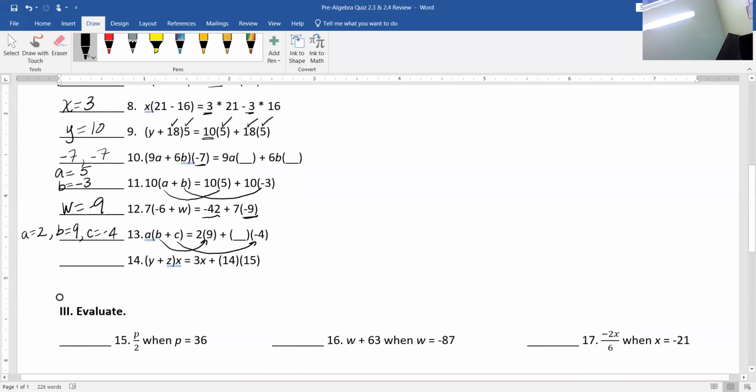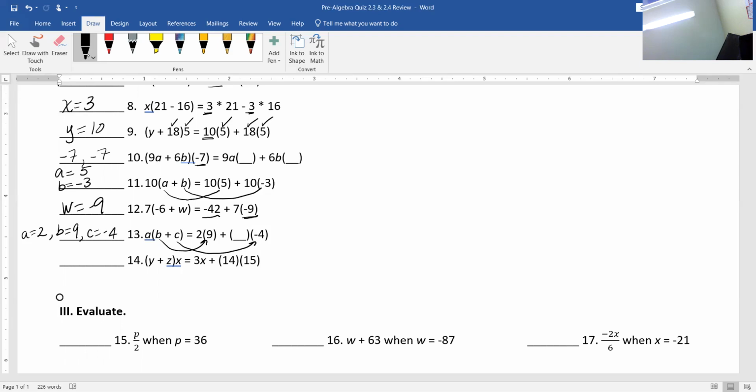Okay, so for number 14, we have y plus z times x equals 3 times x plus 14 times 15. So in this case, you're solving for x, y, and z.